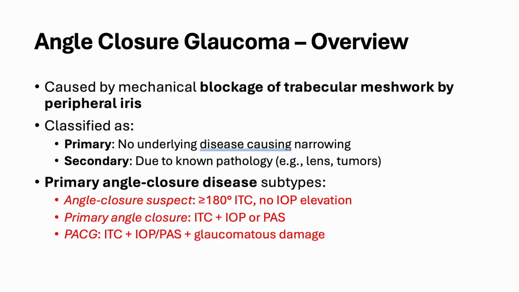The primary subtypes include angle closure suspect, 180 degrees or more of iridotrabecular contact but no IOP rise, primary angle closure, ITC with IOP elevation or PAS, and primary angle closure glaucoma, PACG, ITC, IOP, or PAS, and glaucoma damage.